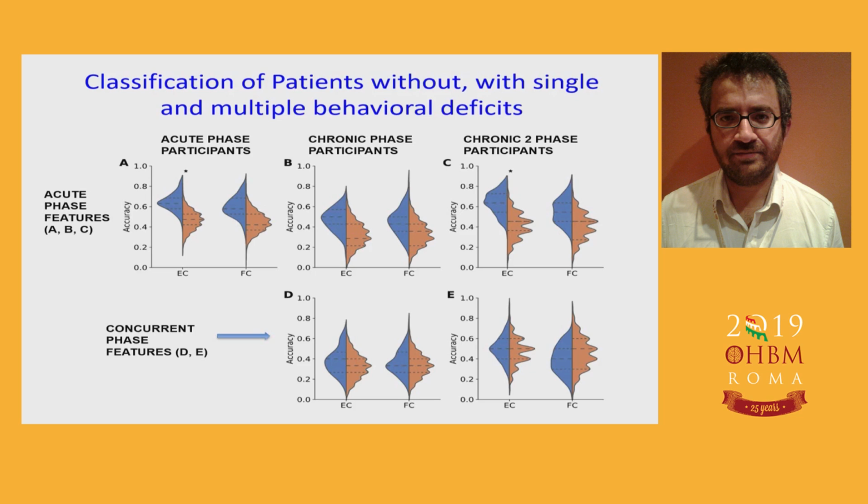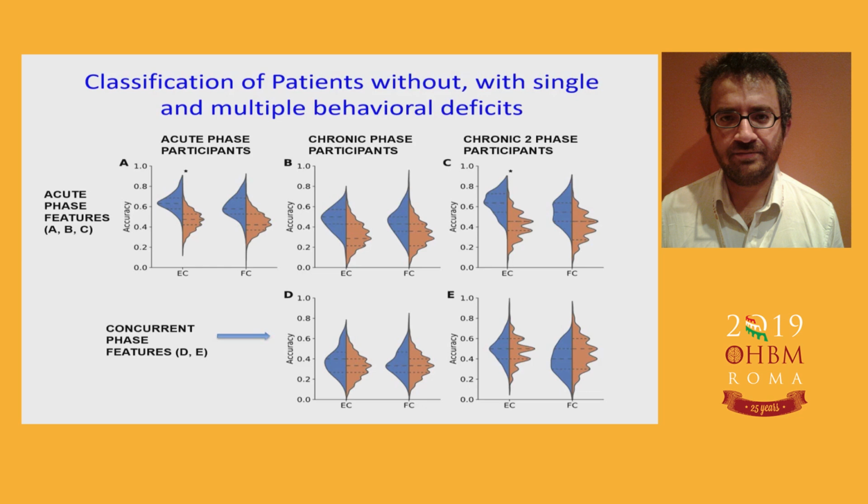So the first thing to notice is that FC doesn't show significant accuracy in this case for any of the cases. Secondly, functional connectivity features from the acute phase not only classify the patients in the acute phase, but also in the chronic 2 phase, so 1 year down the line.